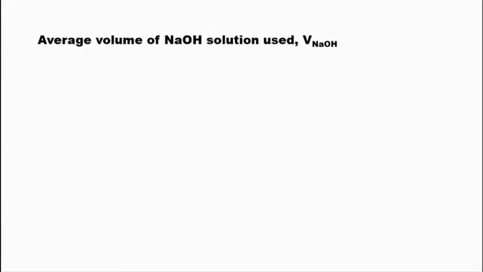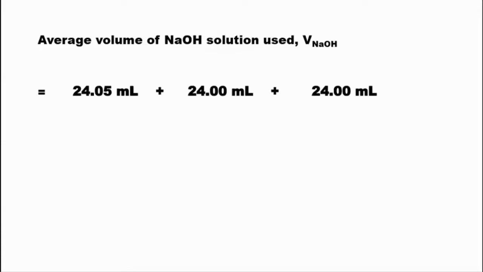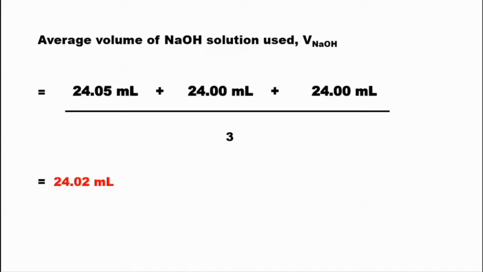Then we need to find the average volume of the sodium hydroxide solution used in this titration in part C. Same as in part B, we are going to calculate the average by adding up the 3 volumes of sodium hydroxide solution used from the first, second and third readings: 24.05 plus 24 plus 24 milliliters, and divide by 3. This is the average volume of the sodium hydroxide solution used in the titration in part C.